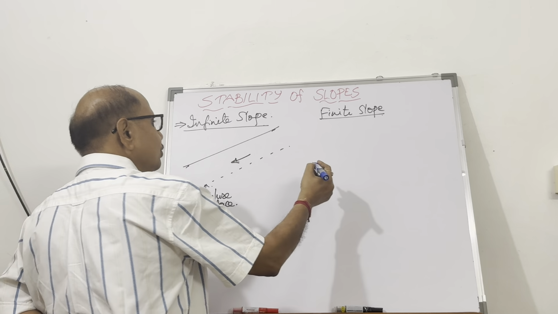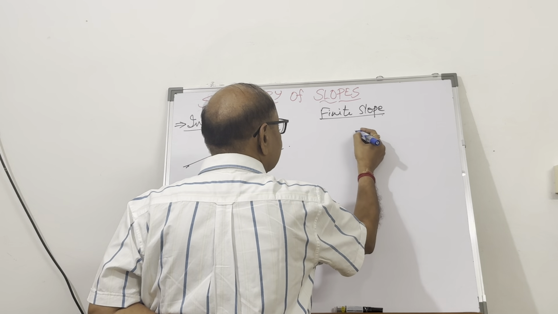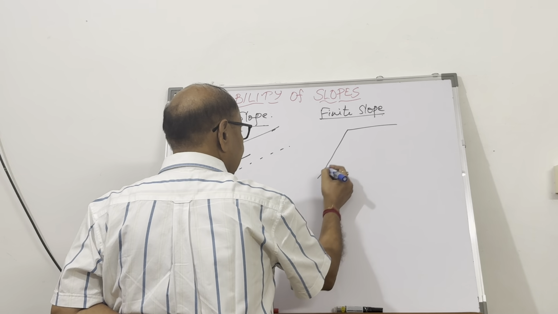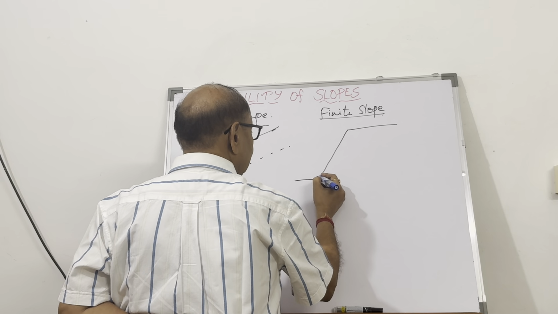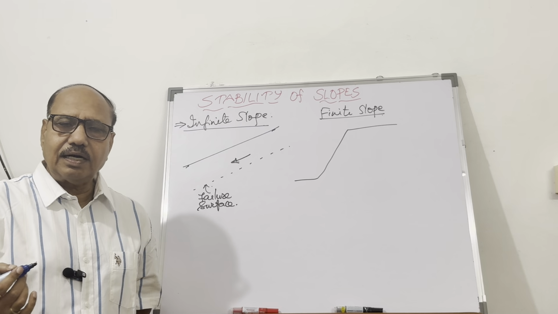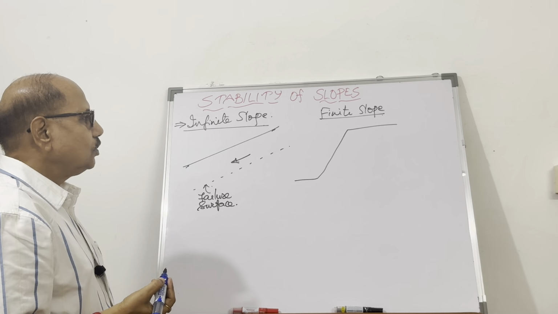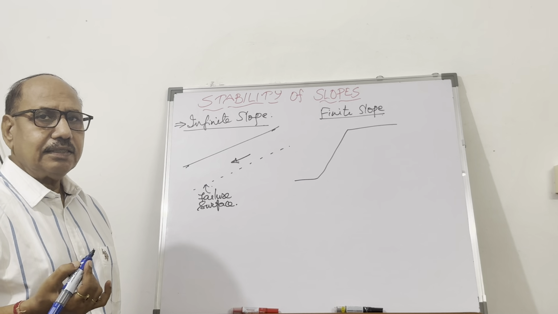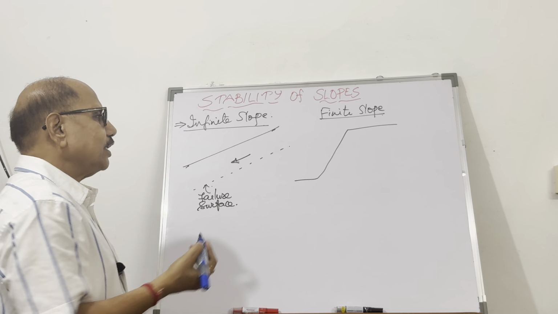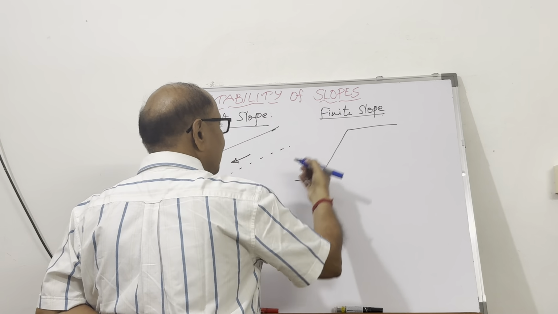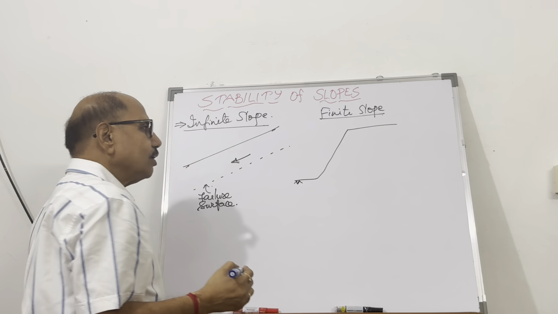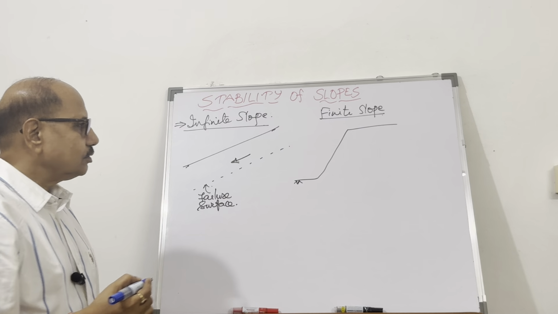And in finite slope, which is of finite extent, as you see in different types of earthen dam or in highways, the slopes are going to be man-made and it is going to be of finite extent.